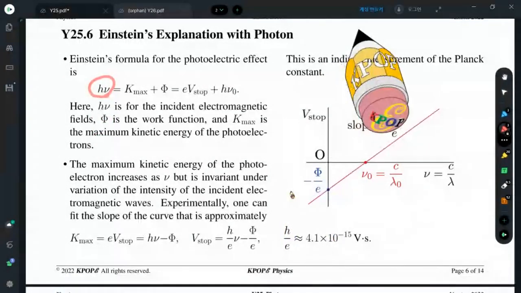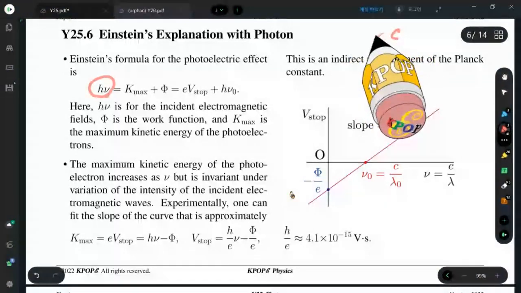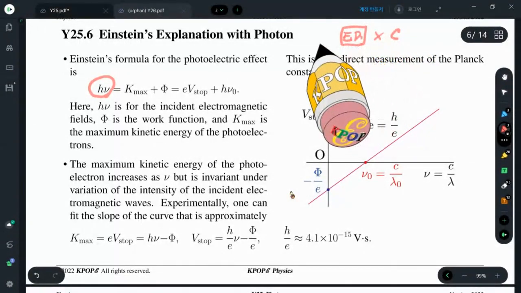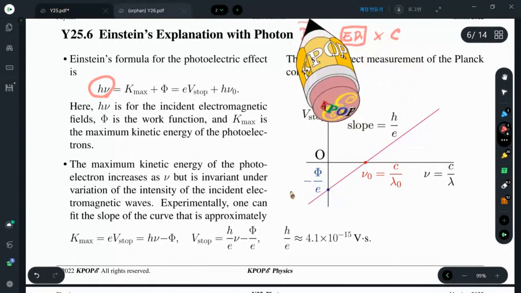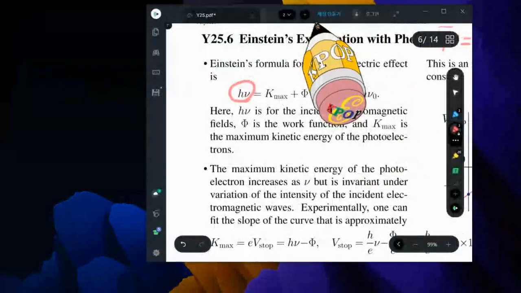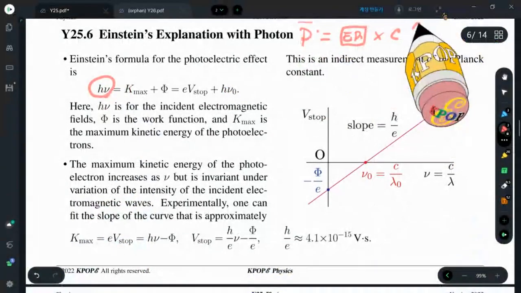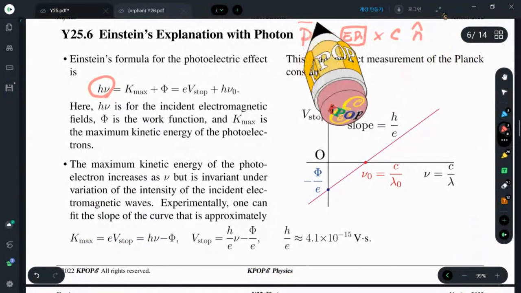We remember that the Poynting vector is the speed of light multiplied by the energy density. So this was a Poynting vector, and the unit direction vector.